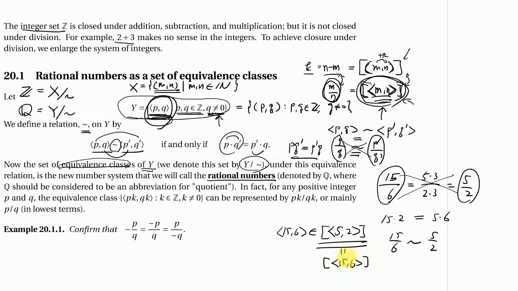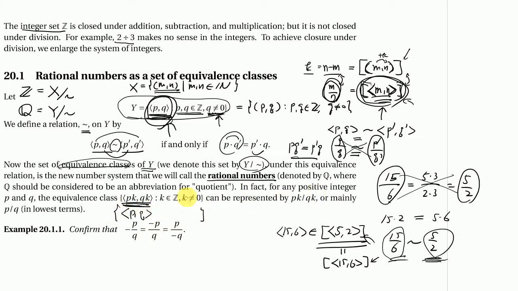It doesn't matter which representative you choose, but this might be the simplest one, and we call that the lowest terms in quotient form. I have to cancel out common factors. So whenever we use pk, qk as a representative, we can change that to a lower form, like the pq form.